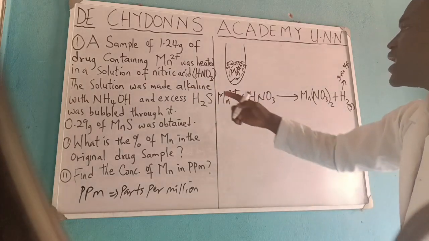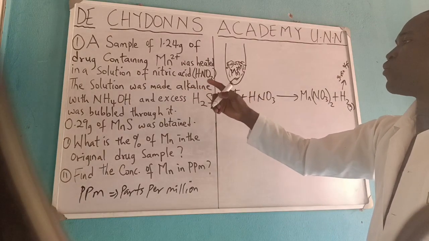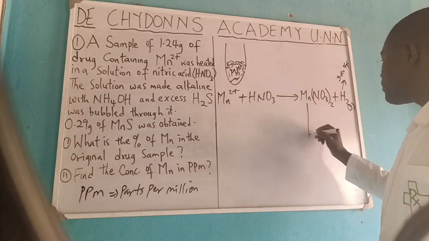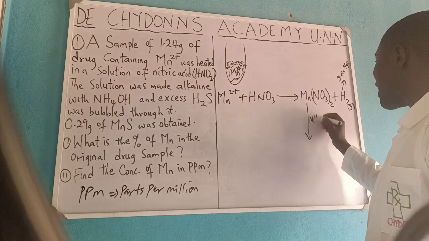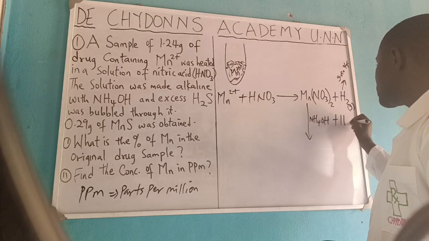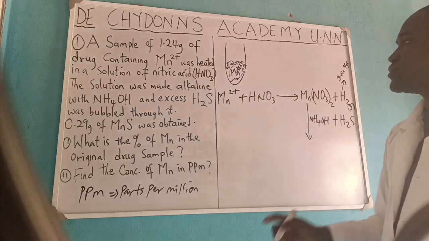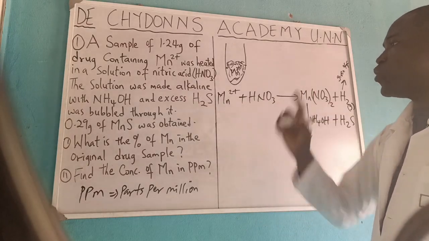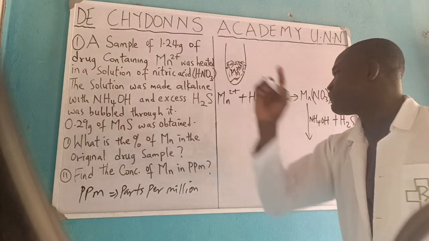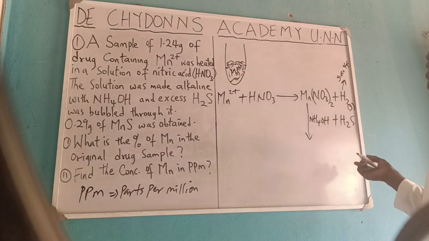Then they said the solution was made alkaline with ammonium hydroxide. So when you react it with what? Ammonium hydroxide and excess H2S. They say we are forming manganese sulfide. How are we forming the manganese sulfide?